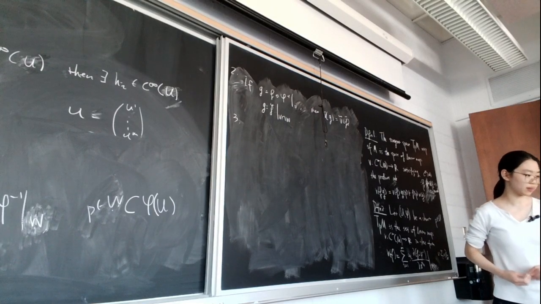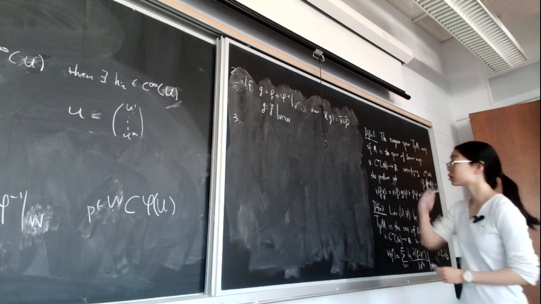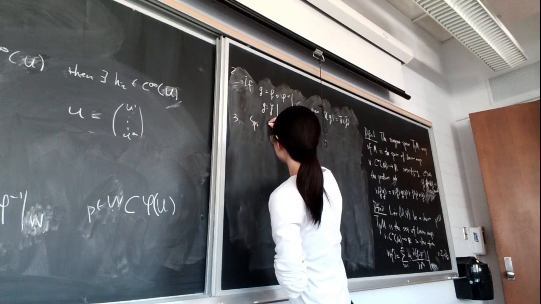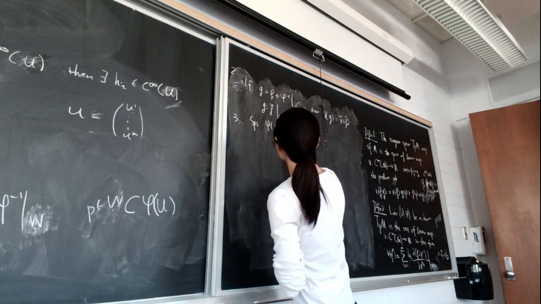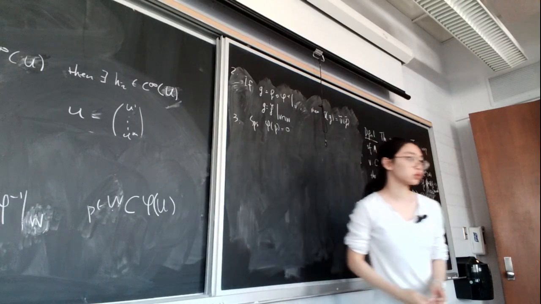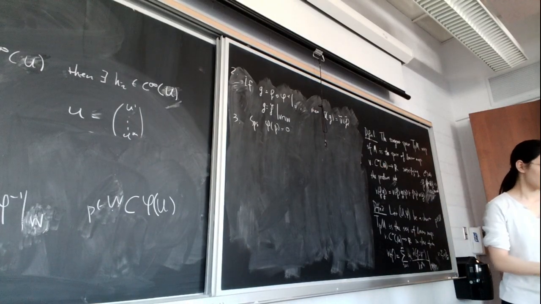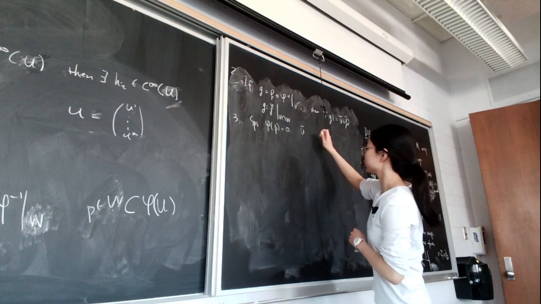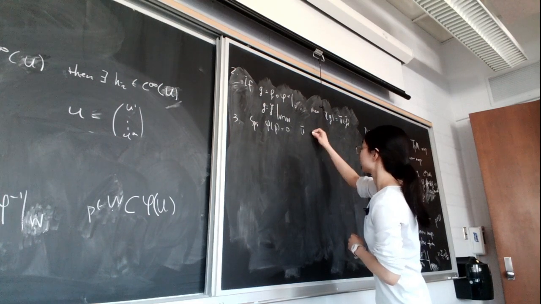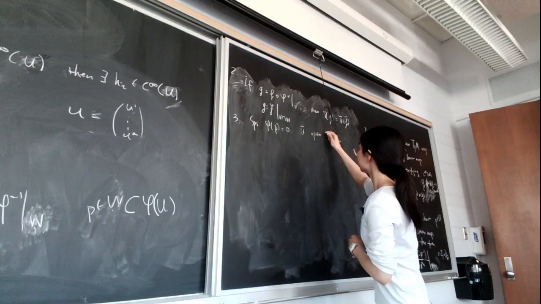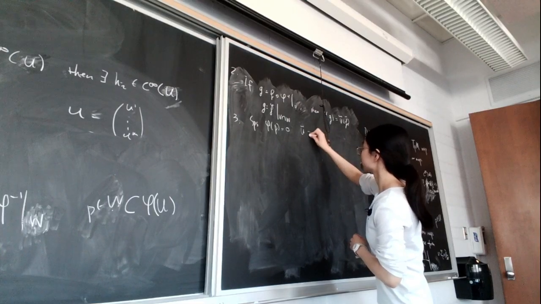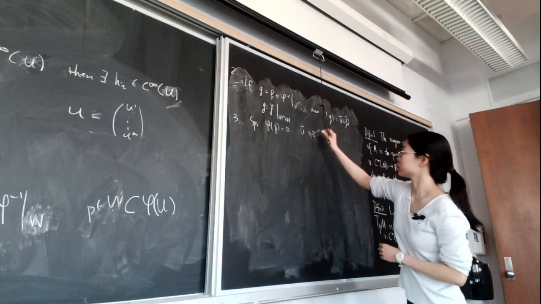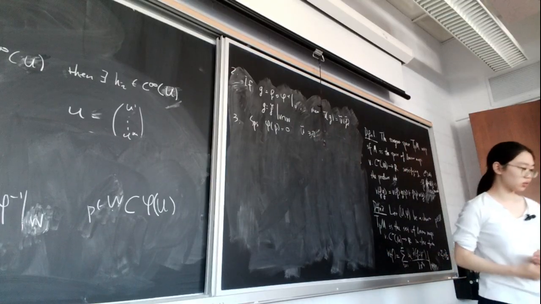We can assume that phi of p is equal to 0. And then say U tilde is then an open set containing 0.